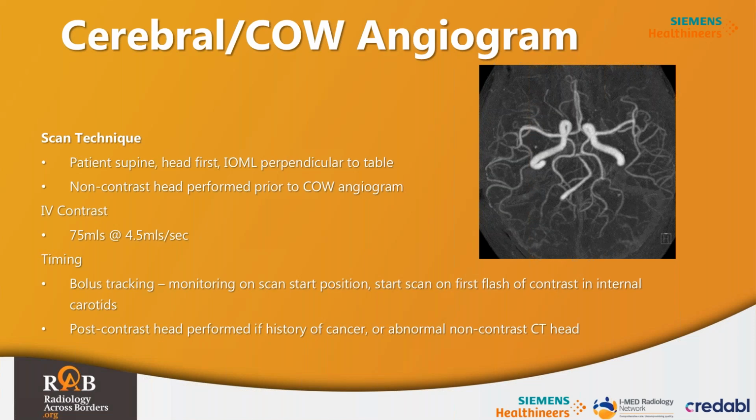So we're going to look at 75 mils of contrast at 4.5 mils a second. Generally, we're going to bolus track at the base of skull, and we're going to look at the first flash of contrast in the internal carotids. We're going to start the scan and hopefully get images like that.